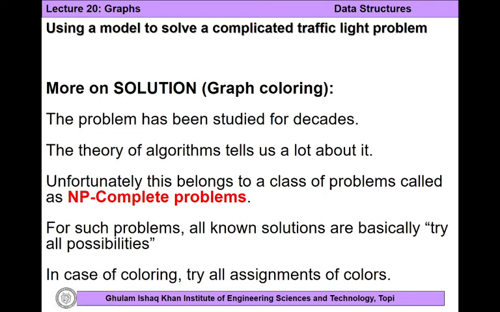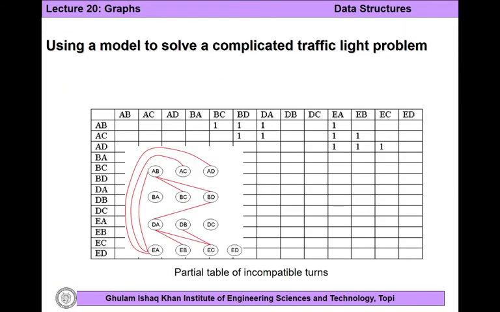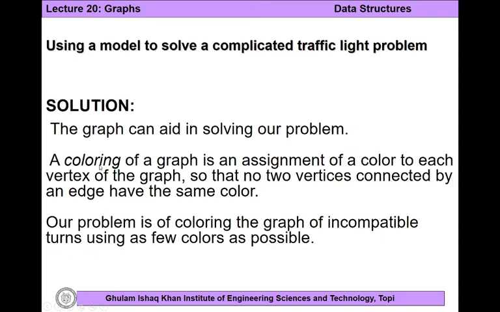Now, then there is another concept. Remember, we had paused this traffic light problem for a while. I'll be connecting everything soon, but we went to the graph coloring problem.